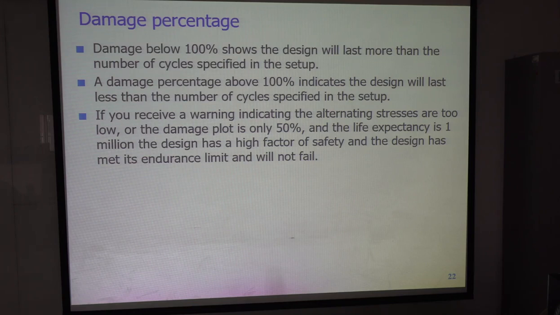Then your product will not fail under the specified number of cycles. But if the damage percentage is less than 50%, probably your product can last forever. Okay. All right.